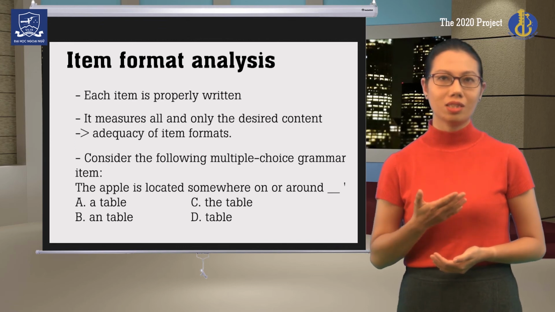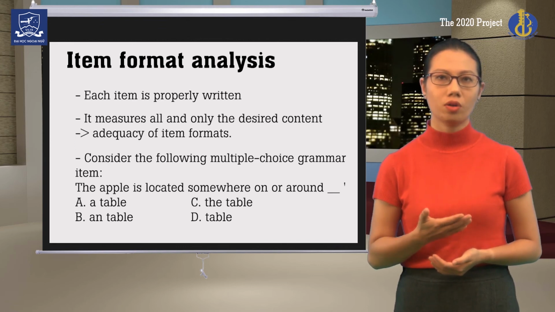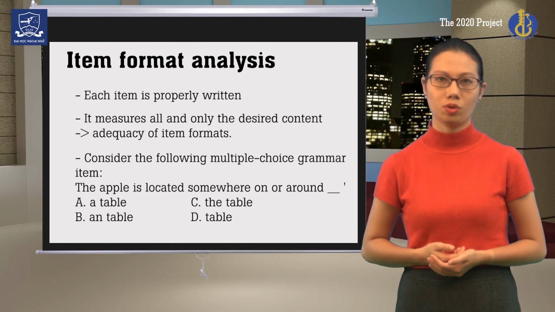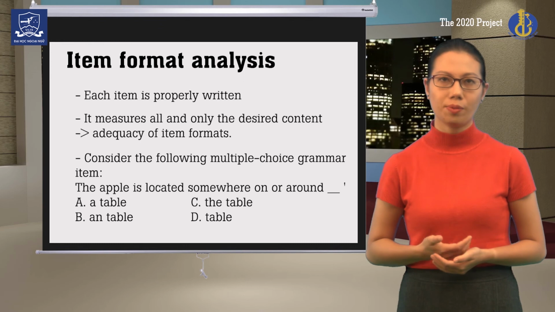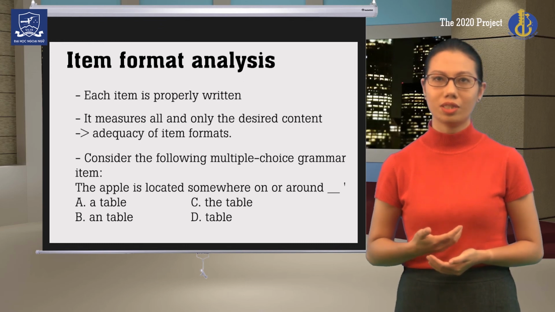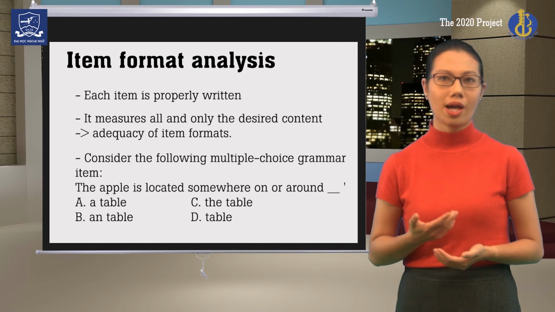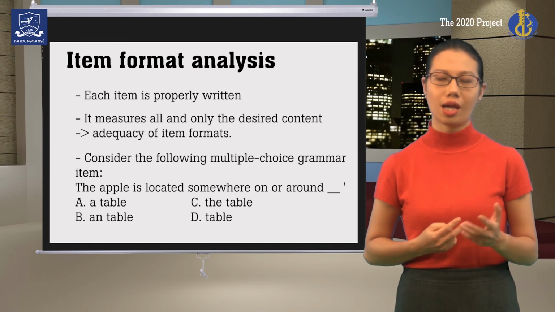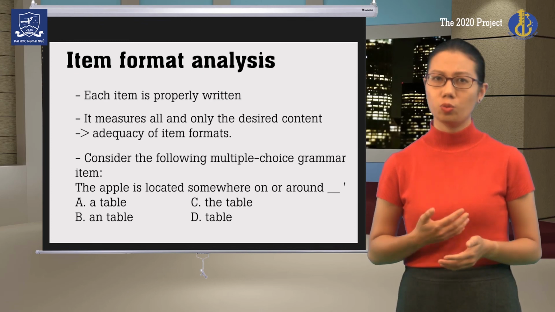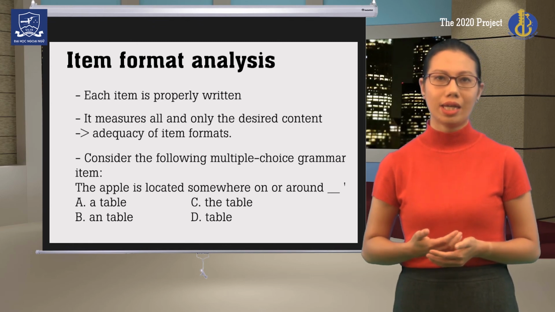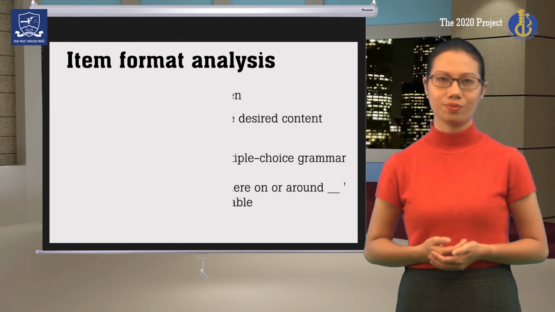The apple is located somewhere on or around A. A table, B. An table, C. The table, D. Table. This item has two possible answers, A and C. It is wordier than it needs to be and repeats the word table inefficiently.